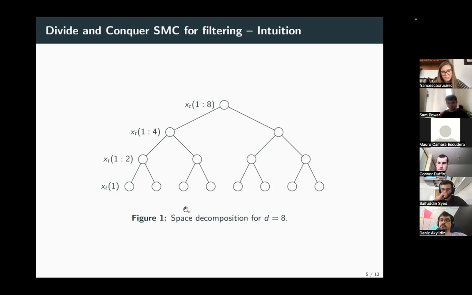This is a very simplified example because I'm always going to assume that my state space dimension is a power of 2, so I can write down everything on a nice binary tree. It's not a requirement. You can imagine it being a power of 3, a power of any number, or also not being a power of a number at all.